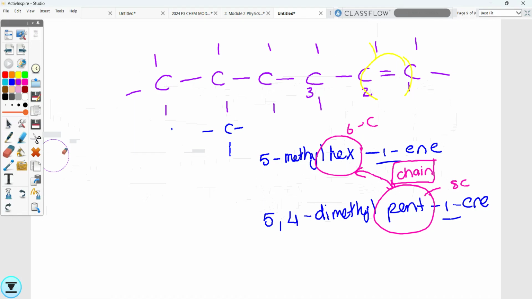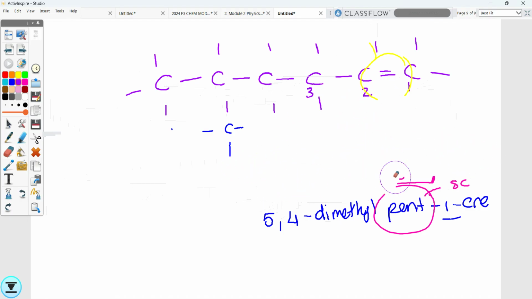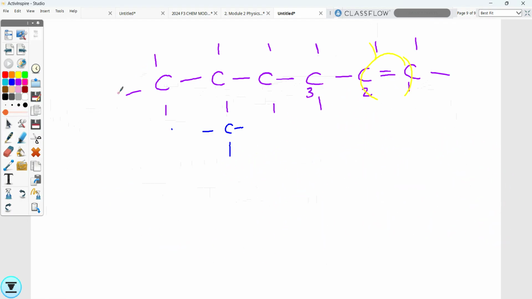Okay, so let's just do the condensed structure for this. Structural is if you have all the H's, all the C's. Condensed structural, we don't have many rules. You write down your carbons. In this one I have 6 carbons, so you go 1, 2, 3, 4, 5, 6.